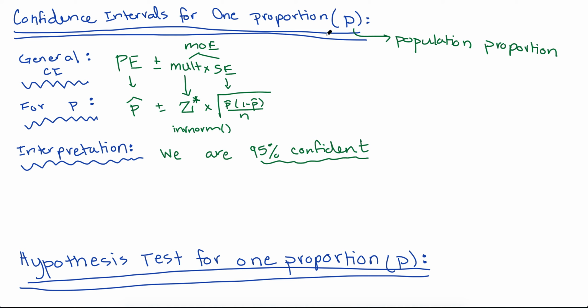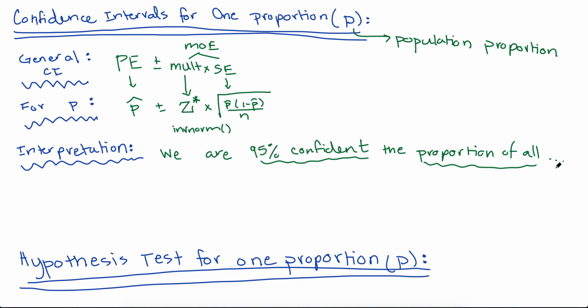Remember up here, we're trying to estimate p, the proportion for the entire population. So we're 95% confident the proportion of all, or the true proportion, the population proportion, say that somehow, and then give it some context. I'm just going to put ellipses here.